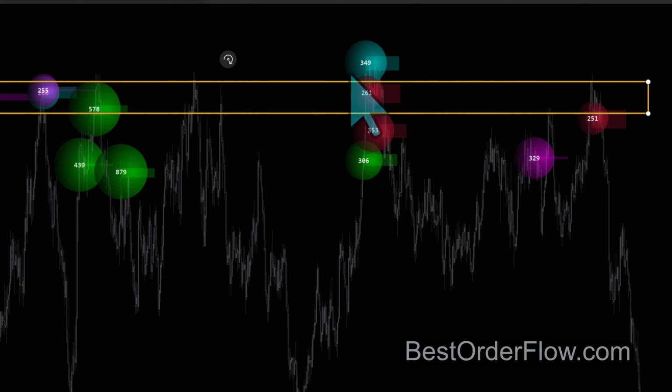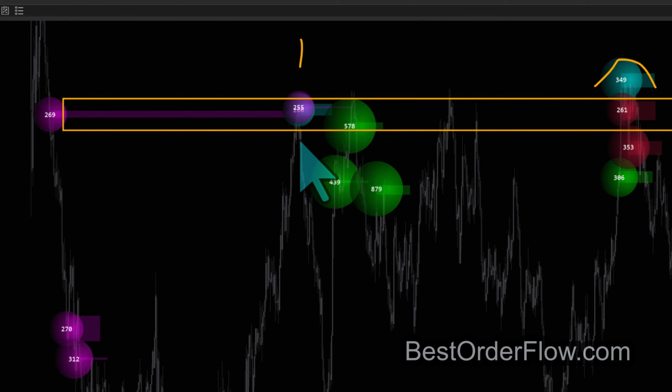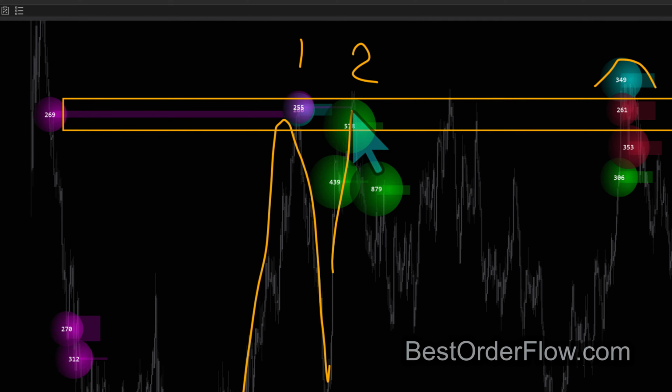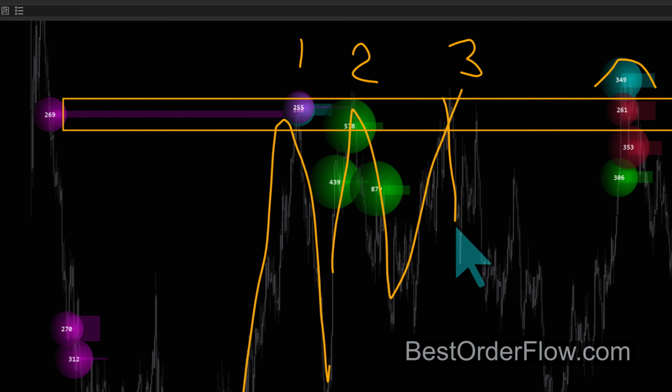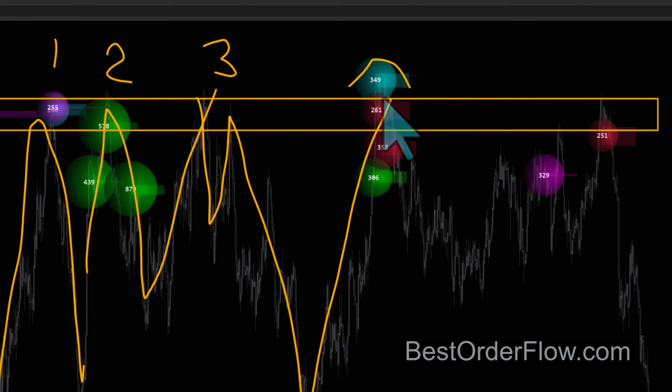Yes, we can see that there was a slight breakthrough over here, a false break, but then we can see that there was a first reaction, second reaction, third bounce. There's actually two of them, and then we went again, a small false break.